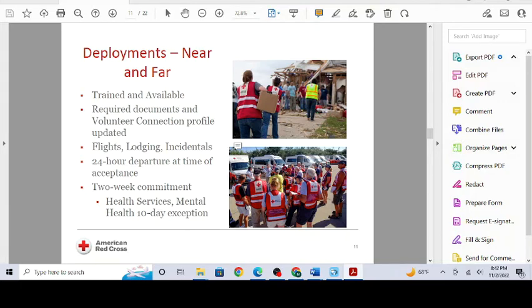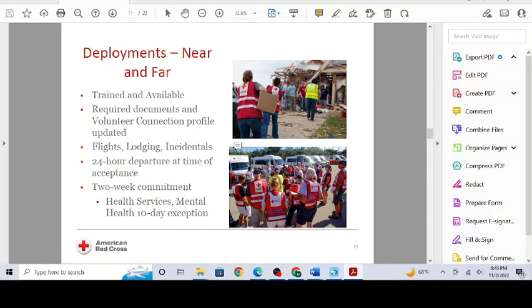Now, one of the things we call it in the American Red Cross when we are sending people to a particular disaster is deployments. Okay? Deployments can either be near, in other words near your home area, or they can be far, somewhere outside of your home area.